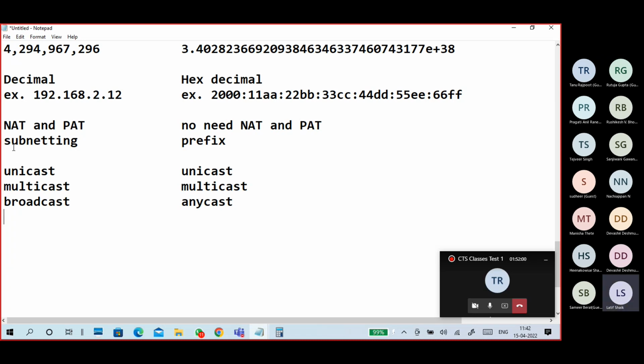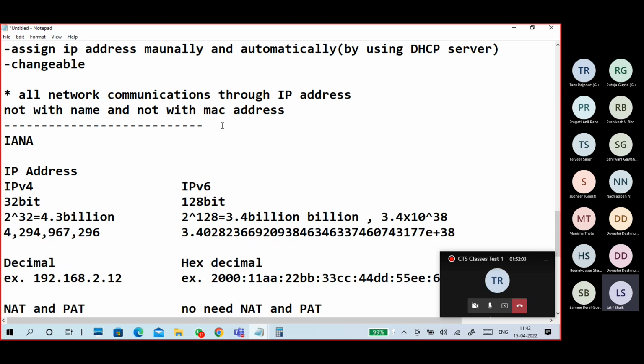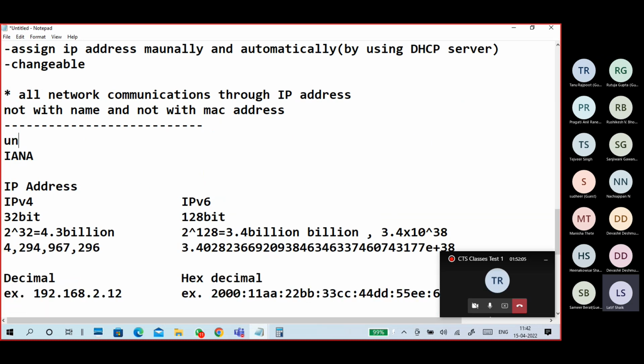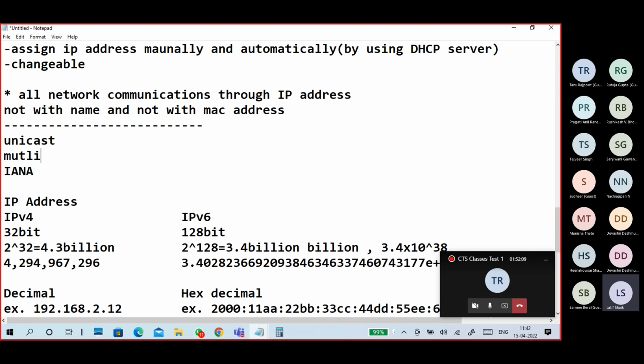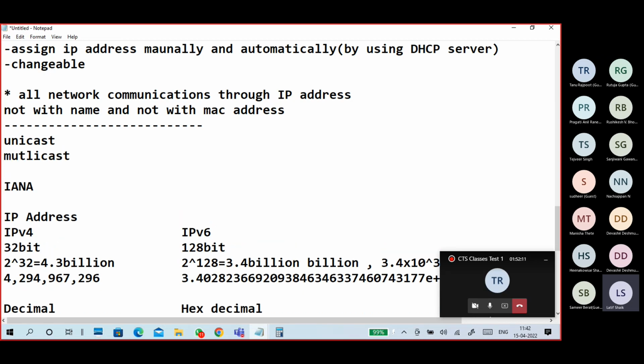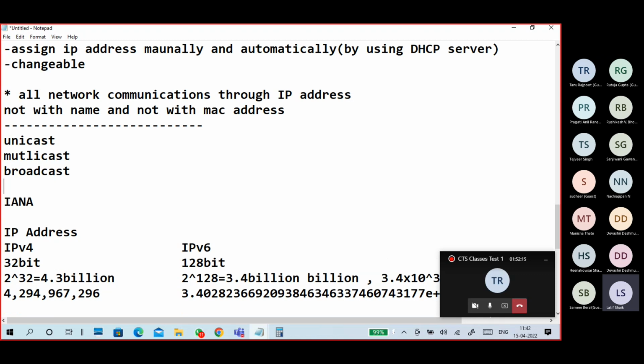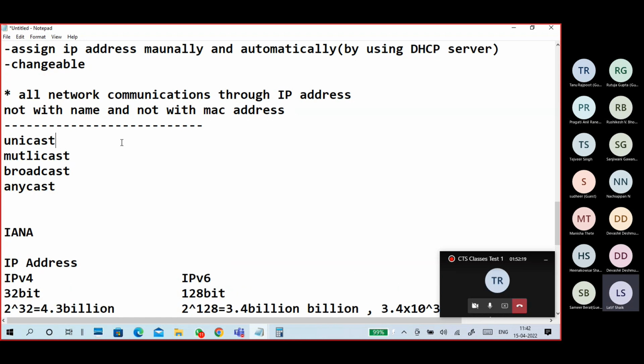Before we go, again we'll list them: unicast, multicast, broadcast, anycast. What is unicast?